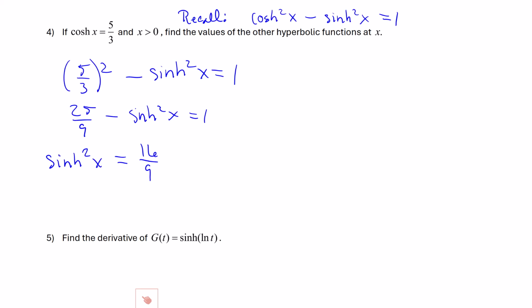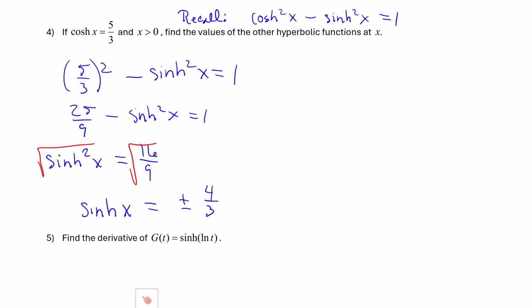Now, I want to get sinh, so we're going to take the square root of both sides like we would have maybe in trig. You may also recall from trig or algebra that when you take the square root of both sides of an equation, you have to be careful. So sinh of x, reduced with the square root from the squared, is going to equal plus or minus, and then the right side, the square root of 16/9 will reduce to 4/3.